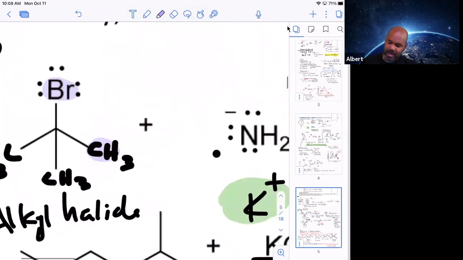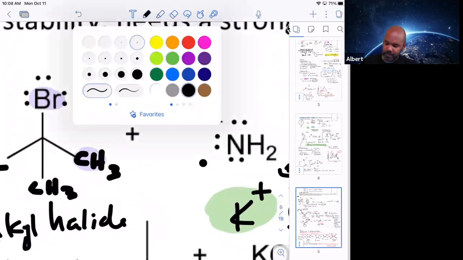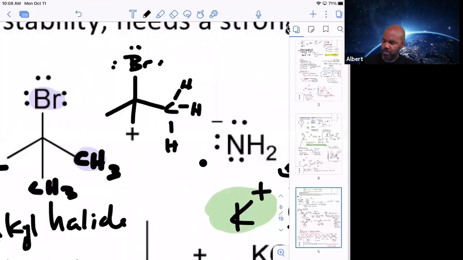If you drew it out like this, and use the base, which is the nitrogen, to pull off this hydrogen right here, you'll get your elimination product.